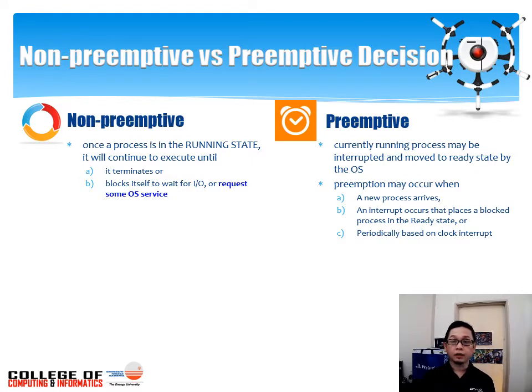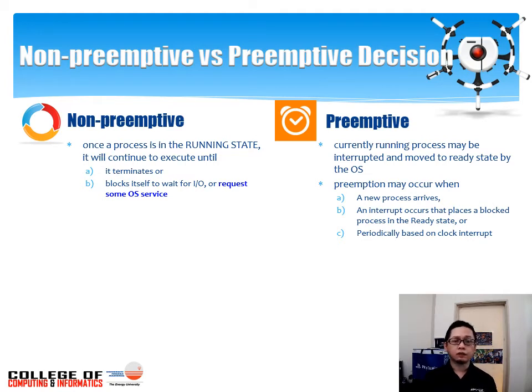While the preemptive method has a preemption, an instance where the process will be required to stop execution if, let's say, a new process arrives and interrupts, or they have a queuing mechanism based on the clock interrupt.